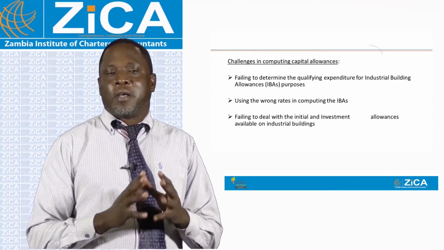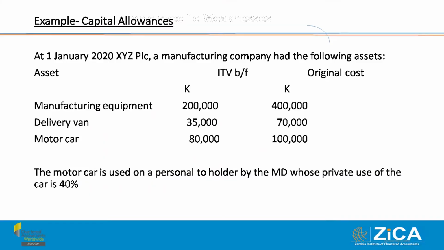So we have this example which we are going to use to demonstrate some of the do's and don'ts as far as computing capital allowances is concerned when it comes to examination questions. The question reads: at 1st January 2020, XYZ PLC, a manufacturing company, had the following assets.